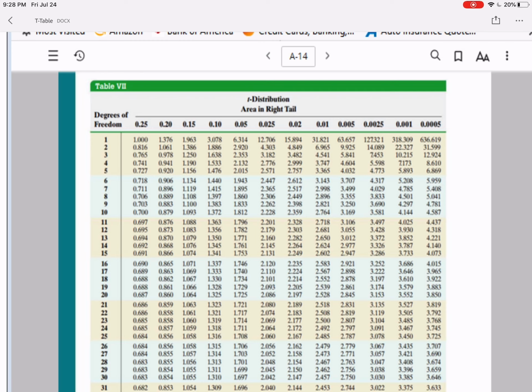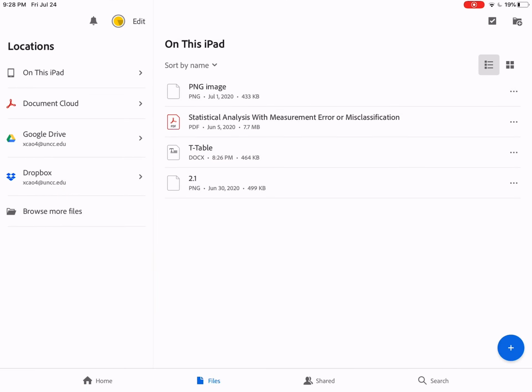So we find 0.005 from the first row, and we know the degrees of freedom is 16, so we find 16 from the first column. The intersection is going to be 2.921. I believe you can locate this value by yourself as well, because I have already told you the degrees of freedom and the area in the rectangle. So the t value is 2.921.